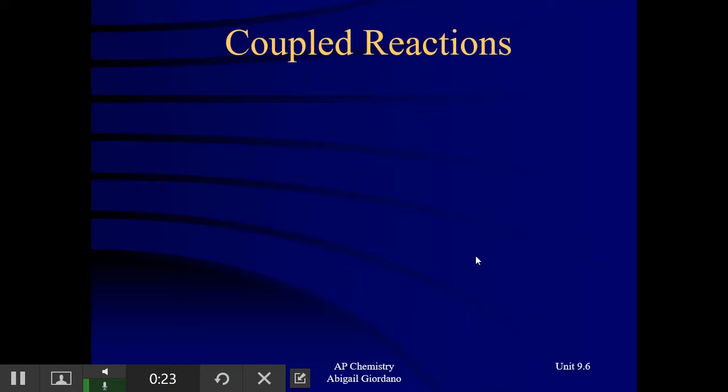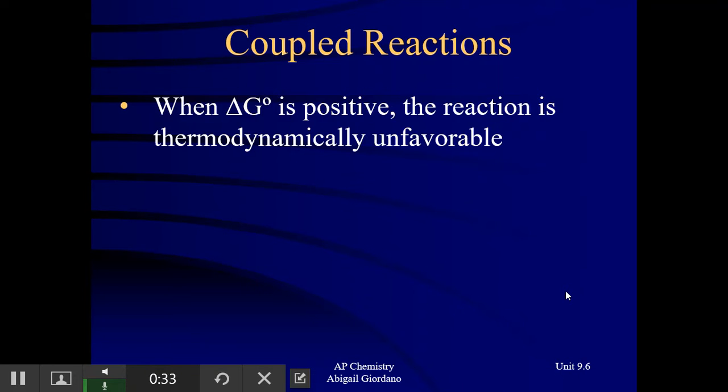All right, so I'm sure you're very tired of hearing me say again and again what the different types of values for delta G indicate about a reaction, but let's just say something one more time. If delta G comes out to be a positive number, that means the reaction is thermodynamically unfavorable. It's not going to happen spontaneously on its own.